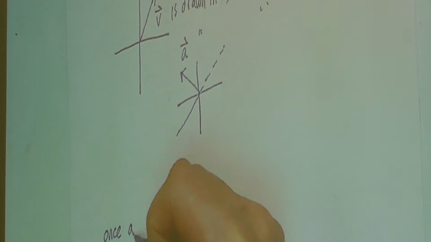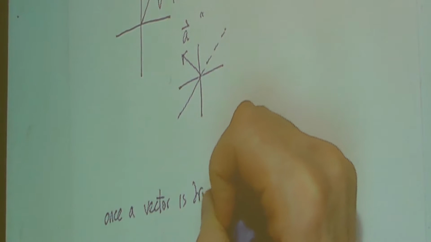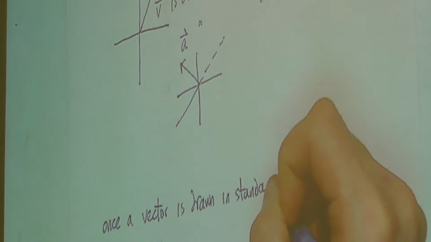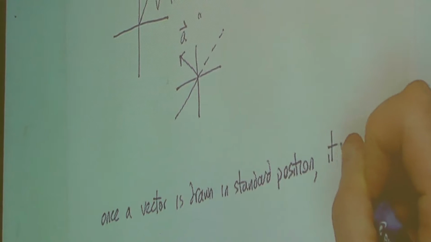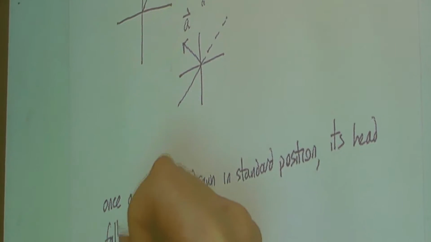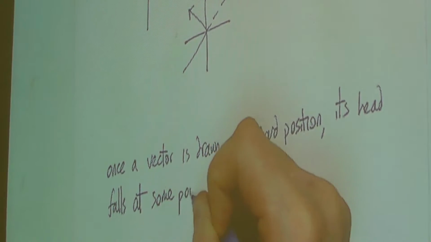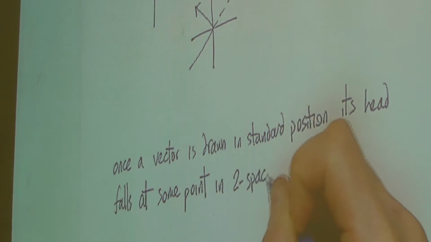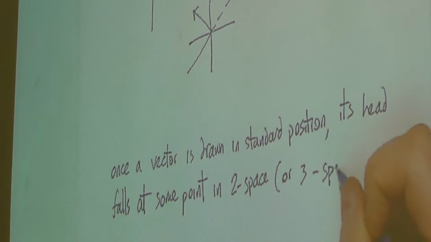Once a vector is drawn in standard position, its head falls at some point in 2 space or in 3 space. You know, 3-dimensional, 2-dimensional.